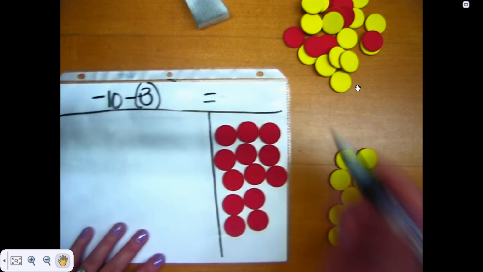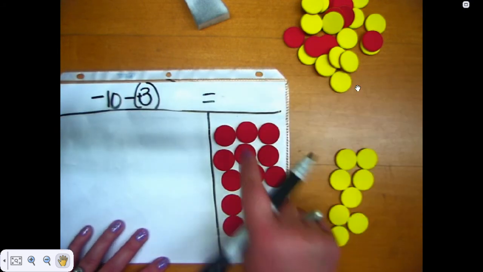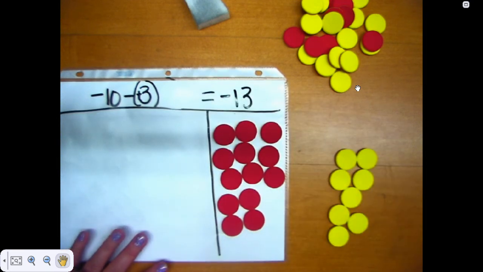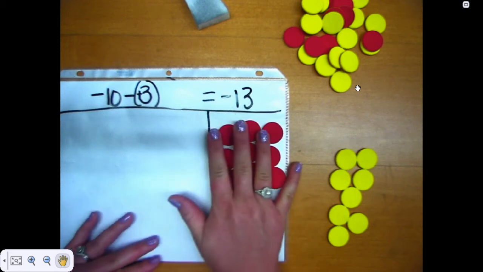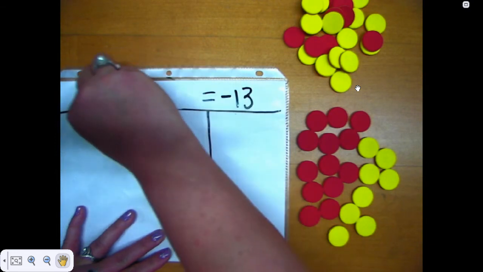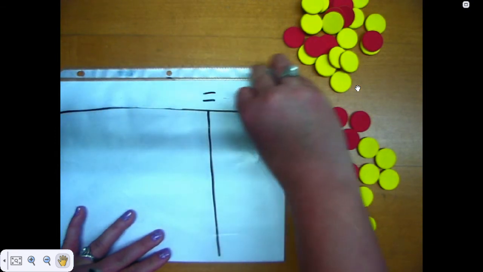My answer is not just 13, it's negative 13. So negative 10 minus positive 3 is negative 13. Let's try another one, and then we'll review the others also.